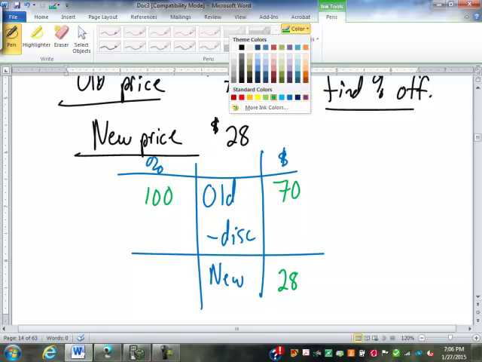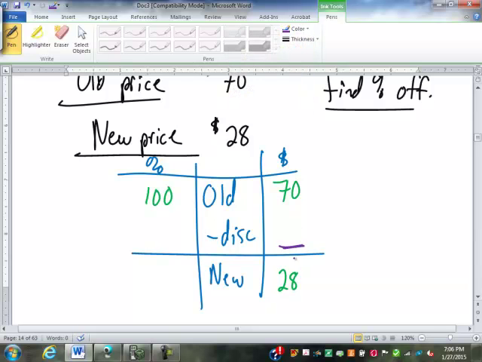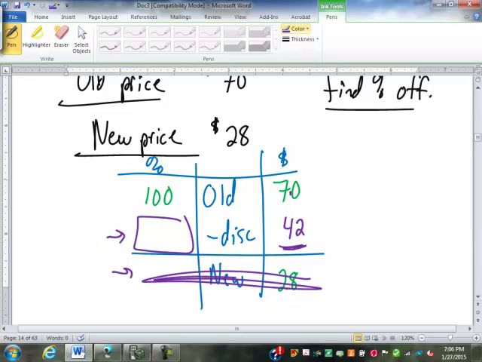And of course, we can very quickly find this number right here by subtracting. 70 minus 28 is 42. What number are we looking for over here? The discount or the new price? The discount, the percent discount. So we don't need the bottom row. It will be 100 times 42 divided by 70, which is 60% discount.